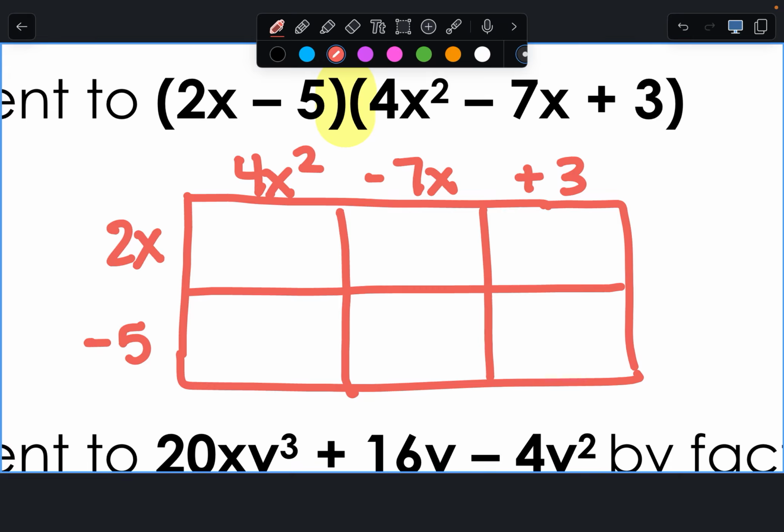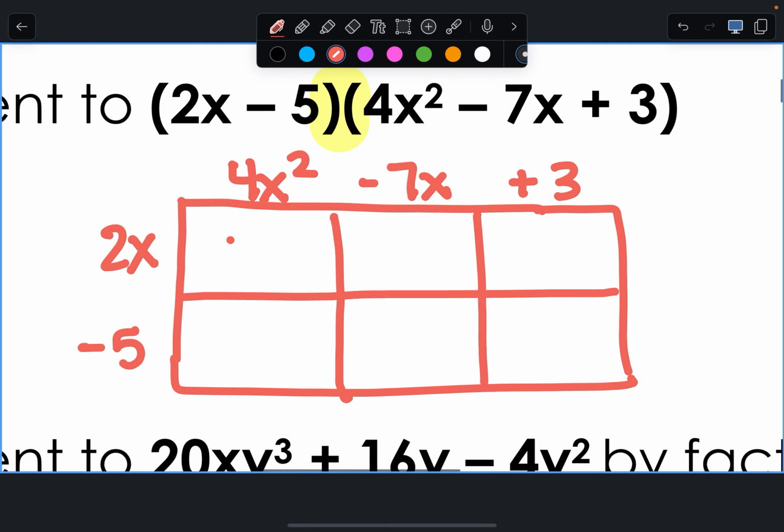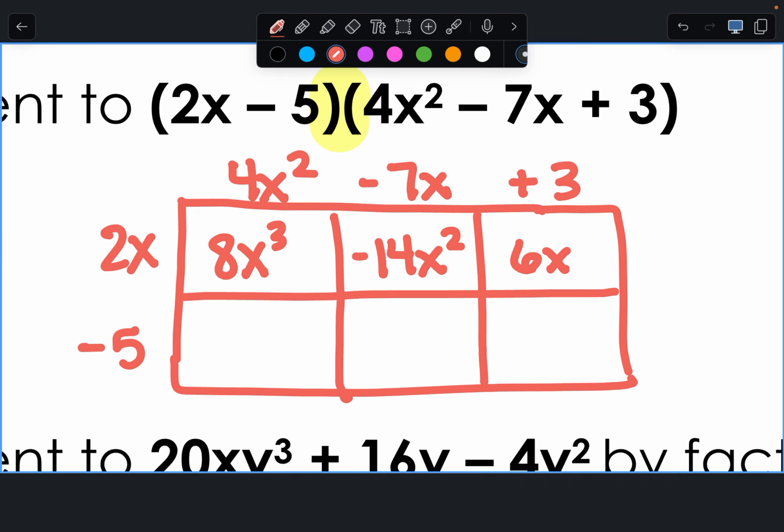All right, let's fill it out. 2x times 4x squared? 8x cubed. 2x times negative 7x? Negative 14x squared. And 2x times 3? 6x. 4x squared times negative 5? Negative 20x squared. Negative 5 times negative 7x?